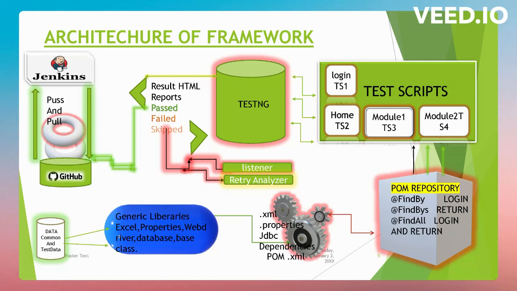But even if the test scripts fail, what happens? If they fail, then they are skipped, or they go to the listener. We use listeners like the retry analyzer or other listeners. So we have a test screenshot of that, and all the reports of the test cases that fail in our framework.